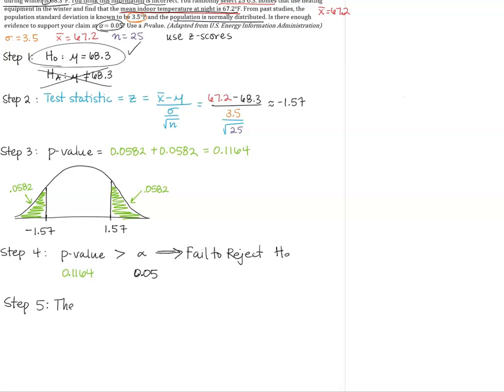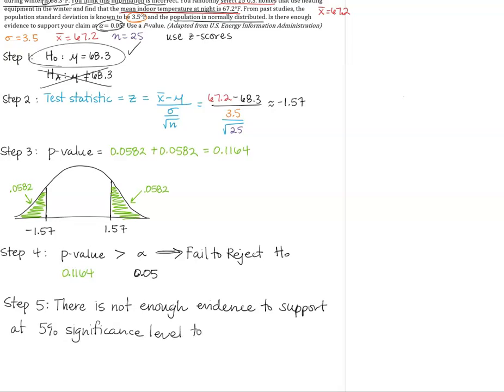We're going to say there is not enough evidence, or there is not sufficient evidence, at a 5% significance level to support the claim that the mean indoor temperature at night during winter is different from 68.3.